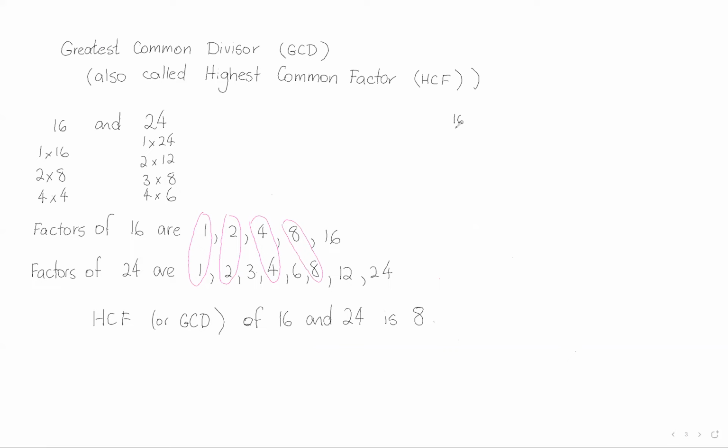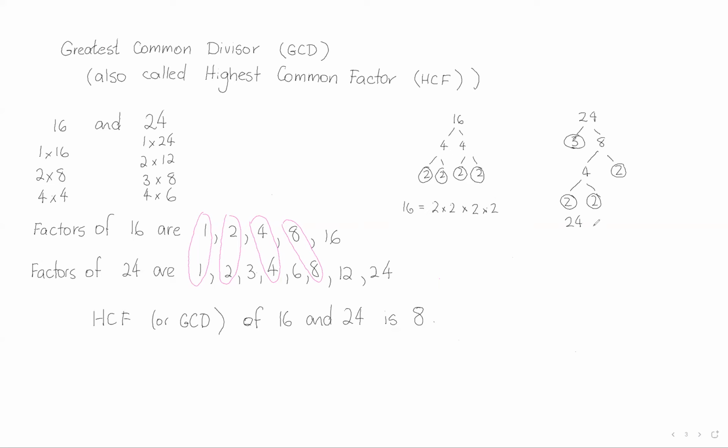So 16 is 4 times 4, which is 2 times 2 times 2 times 2, and they're all prime. 24 is 3 times 8. 3 is prime. 8 is 4 times 2. 2 is prime. And 4 is 2 times 2. So we have that 16 is 2 times 2 times 2 times 2.